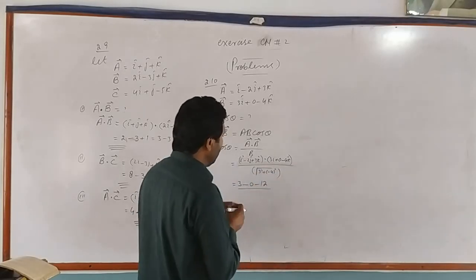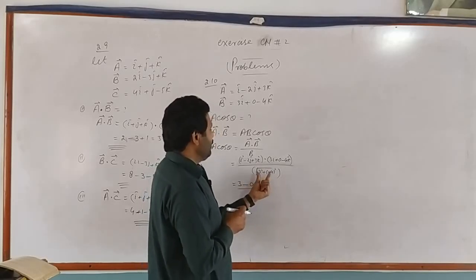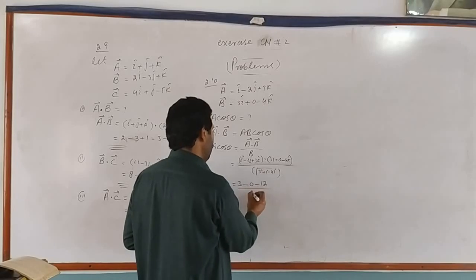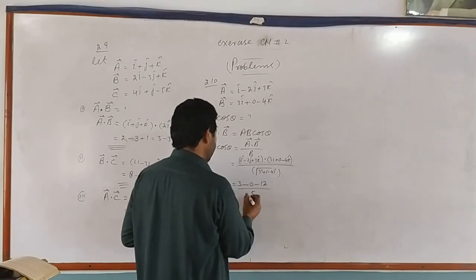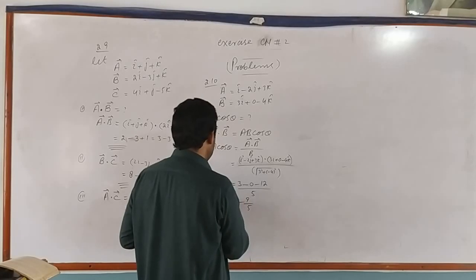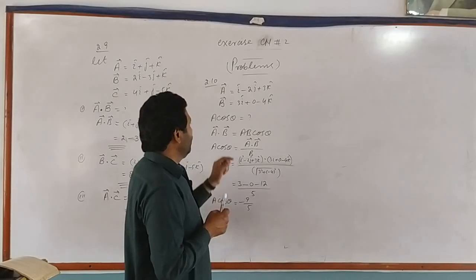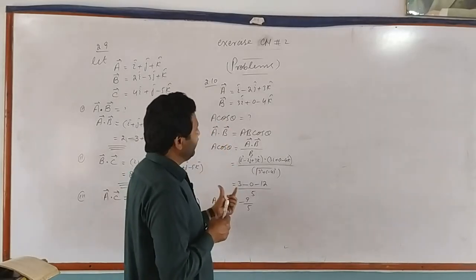Magnitude of vector B will be equal to 9 plus 16 is equal to 25, under root is equal to 5. The resultant will be minus 9 over 5, which is A cos theta, also our required value, means projection of vector A on vector B.